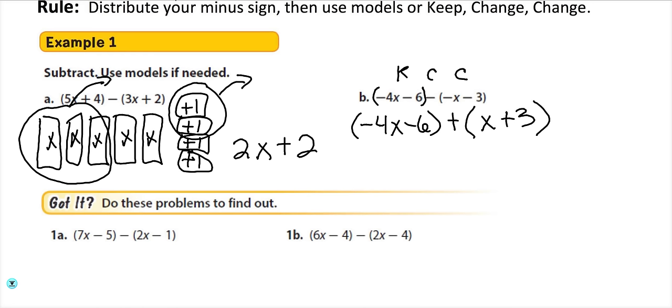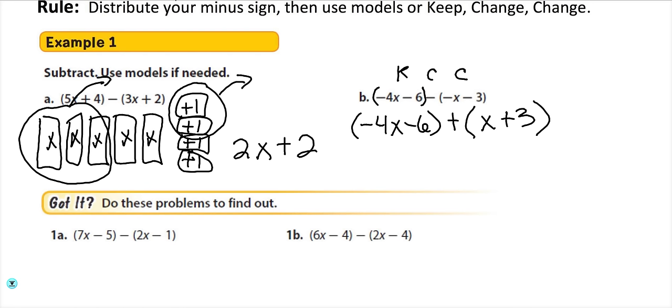When you do this, it changes it back into addition, which is what we just learned in the previous lesson. So there's nothing else new to learn. We've already done keep change way back in Unit 1, when we did adding and subtracting integers. That's honestly the way I do it.